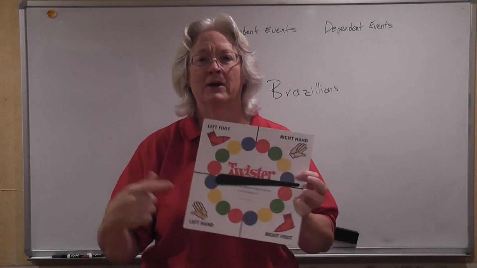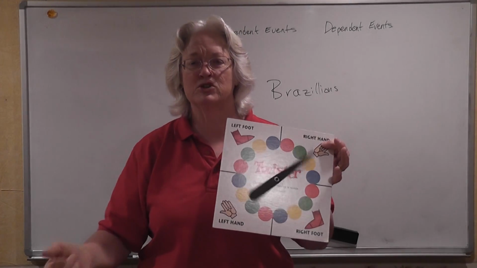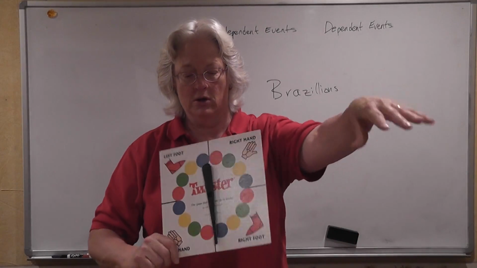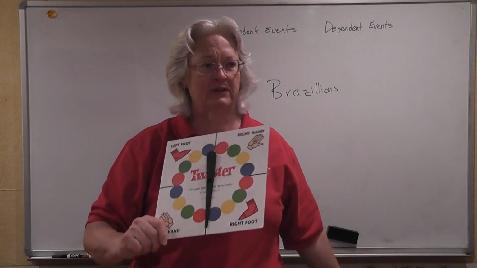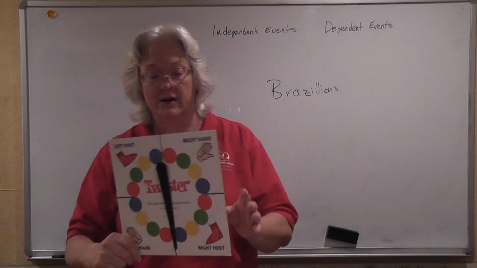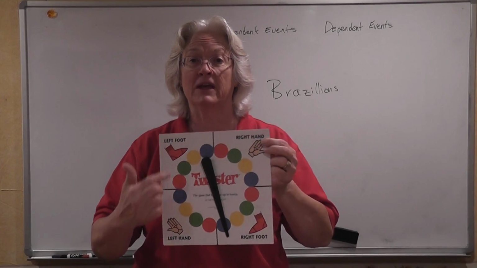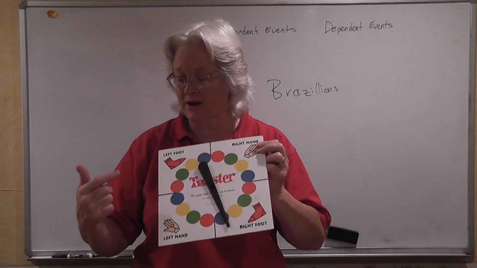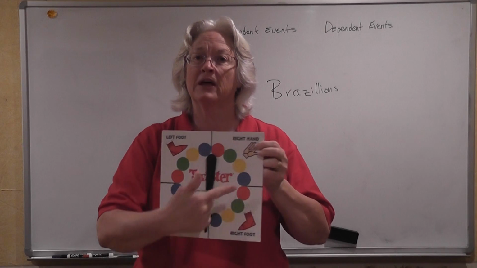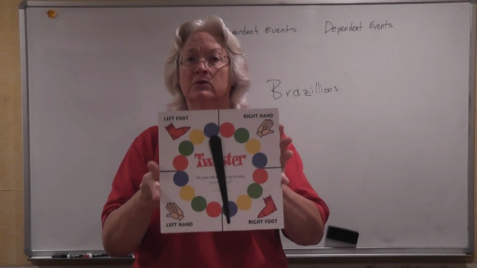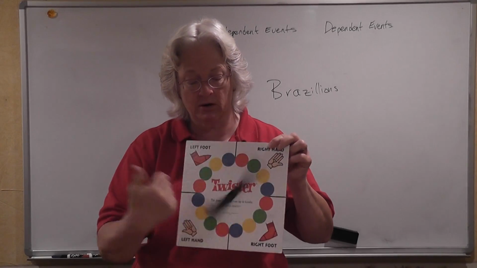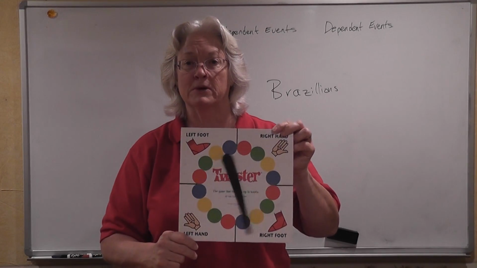You spin it, and depending on what color it is, you put your right foot on the red circle and your left foot on the blue circle and your left hand on another yellow circle, and you get all twisted up with everybody else. Now we're going to ignore the colors that we have here and just have the fact that we've got left foot, left hand, right foot, and right hand. So that divides this spinner here into 4 quadrants. So we have 4 possible choices of where the arrow is going to land when I spin the spinner.